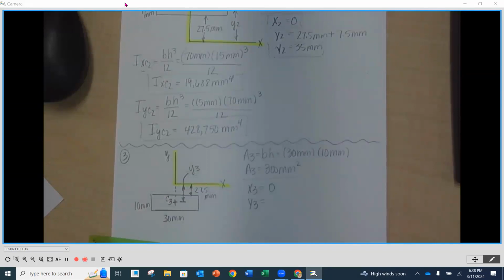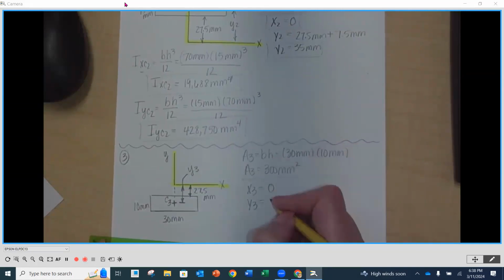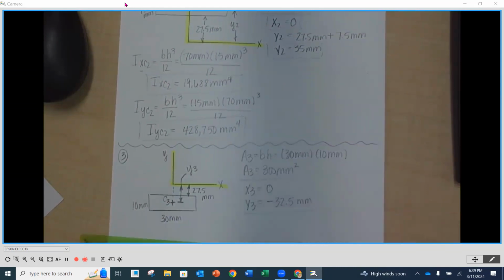So it's going to be the 27.5 plus half of 10, which is 5. So 5 plus 27.5 is going to be 32.5. But it has to be negative because it's down below the Y-axis. So negative 32.5 millimeters. Does that make sense to everybody?